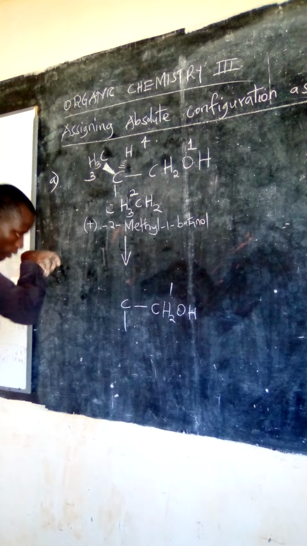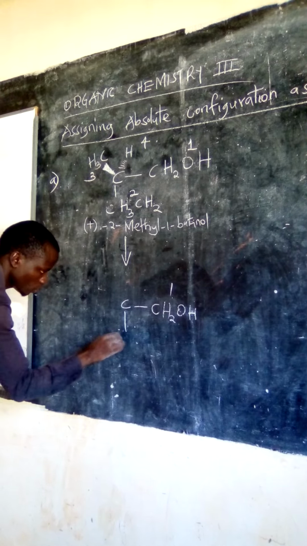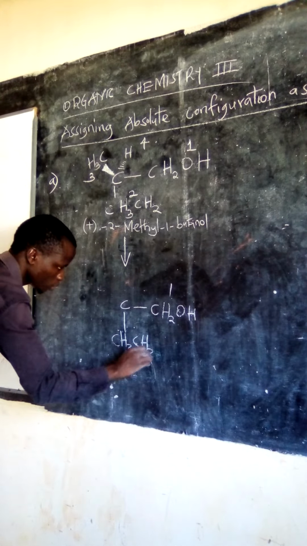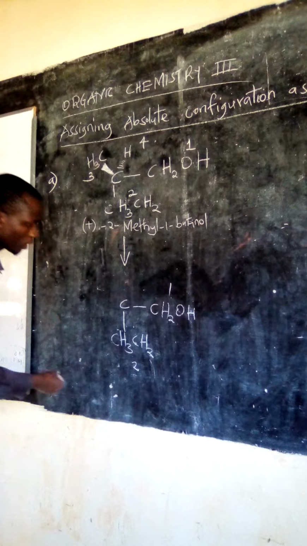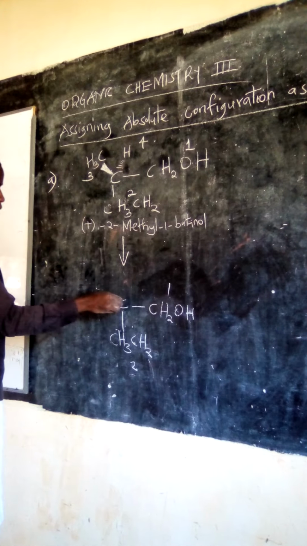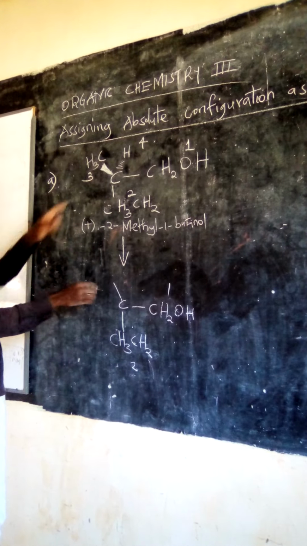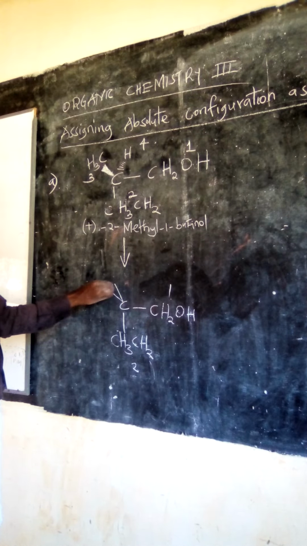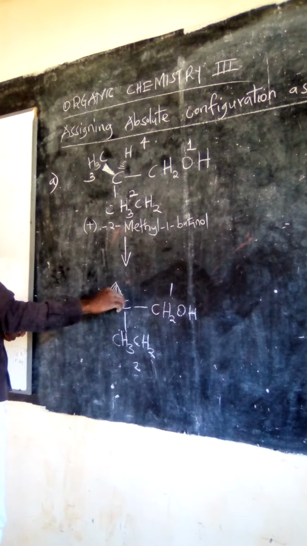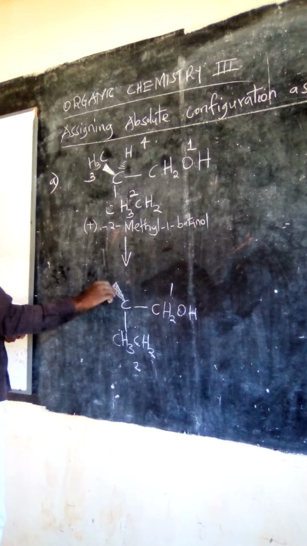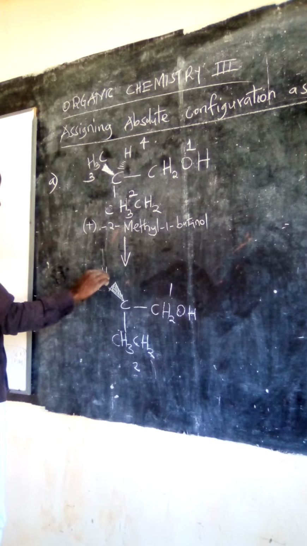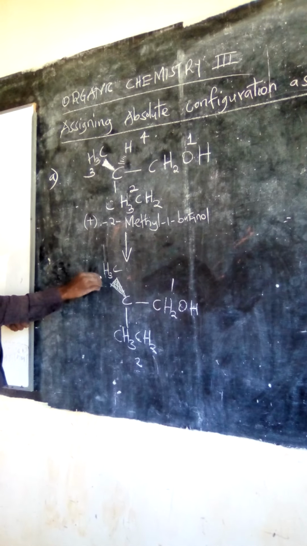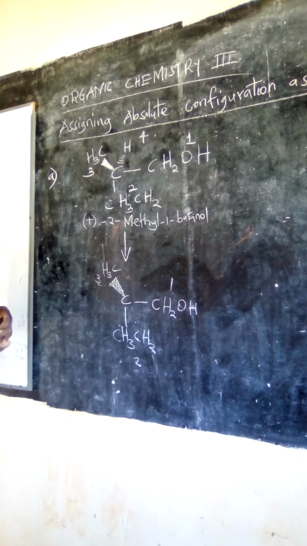Then I'm having CH3CH2 as priority number 2. Then lastly, I'm having priority number 3. It was attached to the wedge. So you will assign it the way we've done, as H3C. Then remember we assigned it as priority number 3.